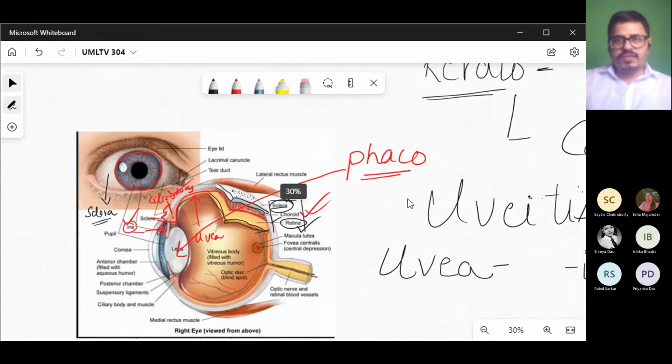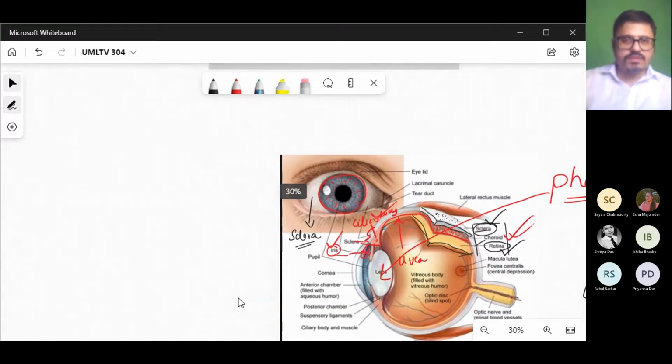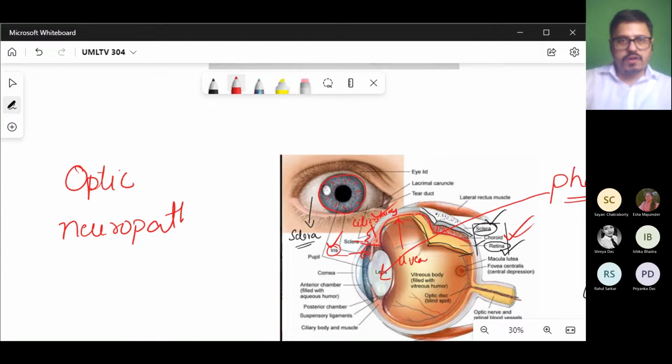Now, if I give you another related term, for example, I write the term here. What could be the meaning of this term?